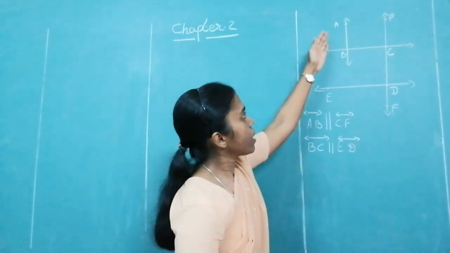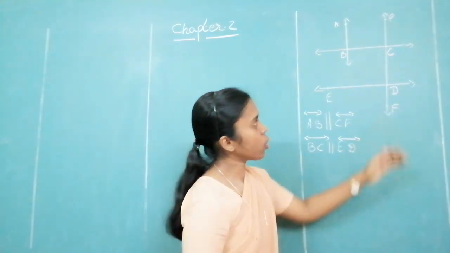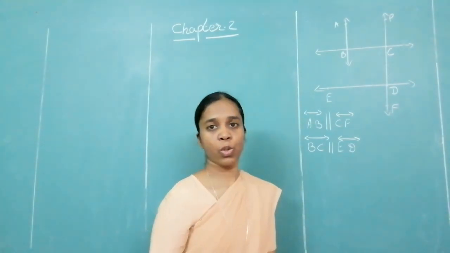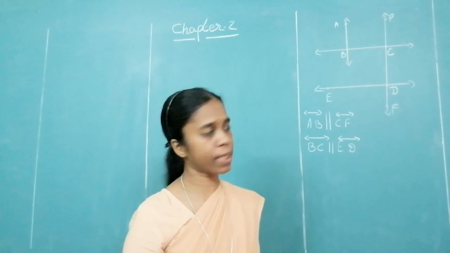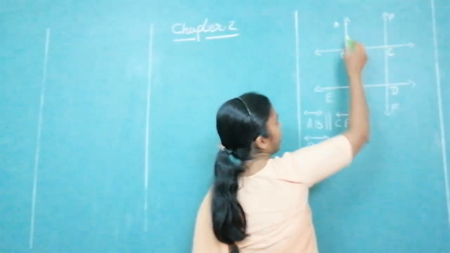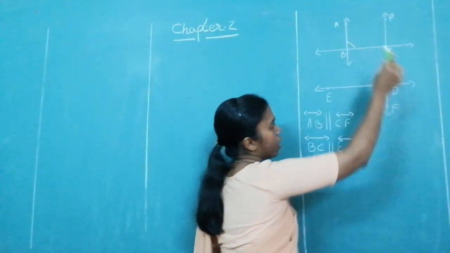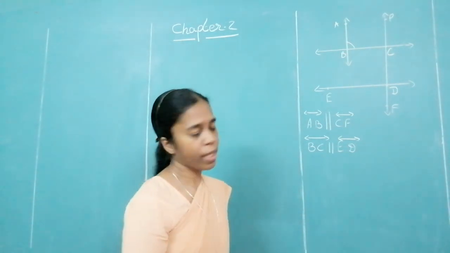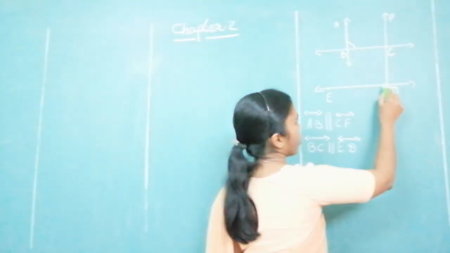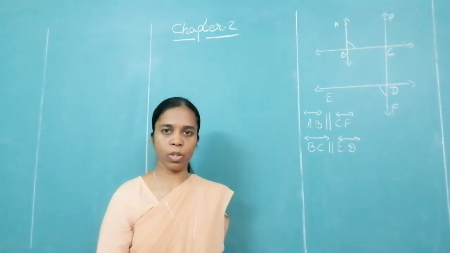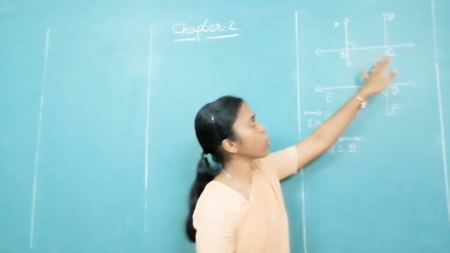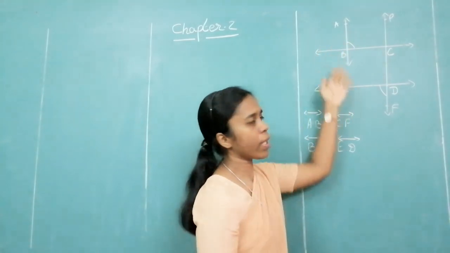Now, since AB is parallel to CF, okay, what is asked to you? What is the question asked to you? You have to show that angle ABC, that is this angle, equal to angle FDE. You have to show that these two angles are equal. That is the question. You are told that these two lines are parallel, these two lines are parallel.